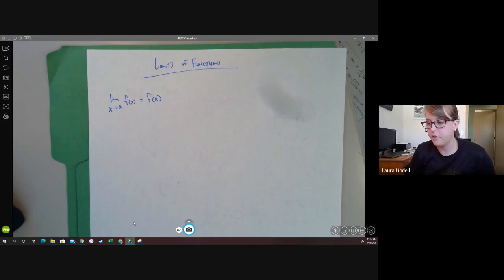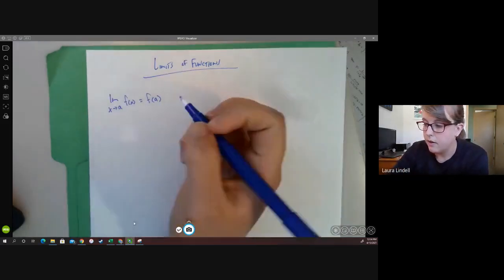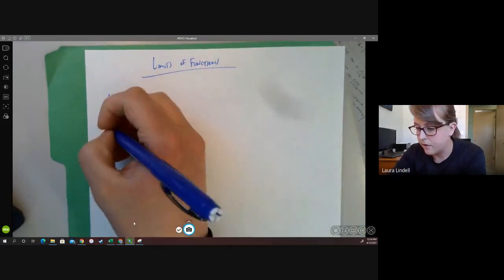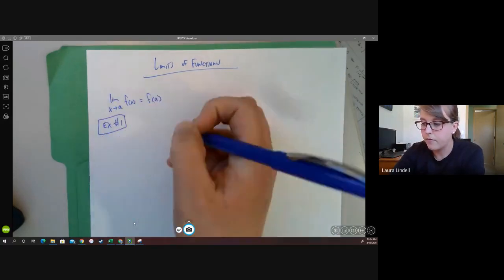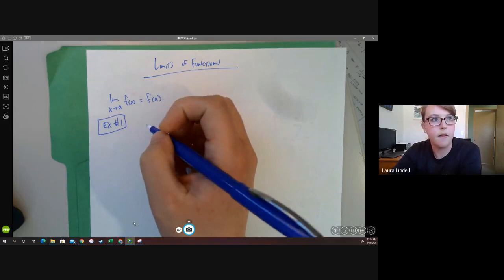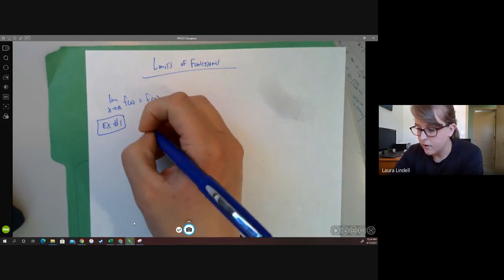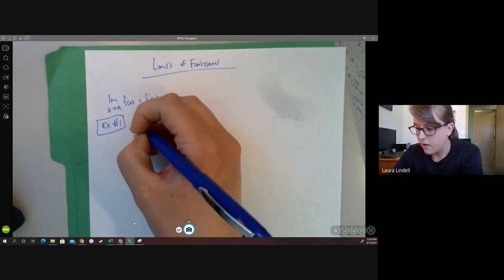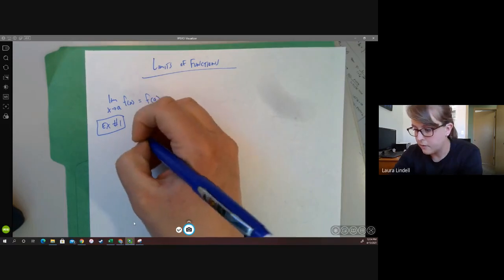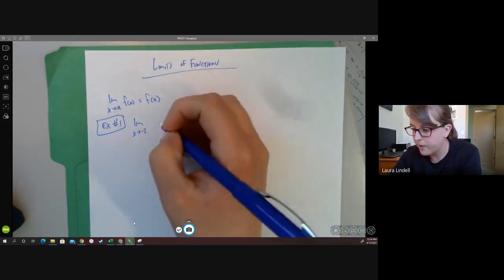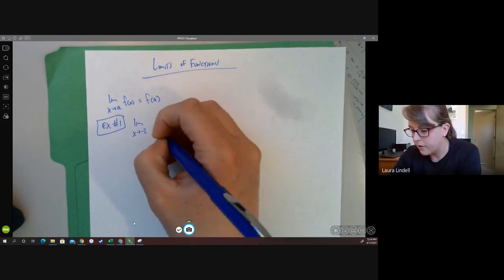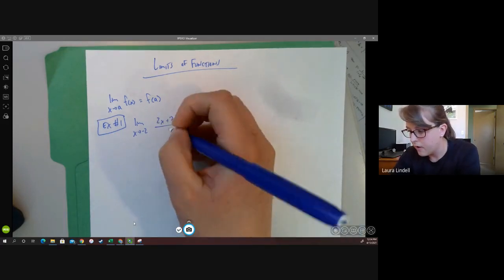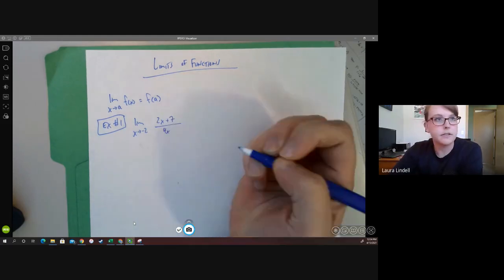Okay, let's get started with an example. We'll do the limit as x approaches -2 of (2x plus 7) over 4x.